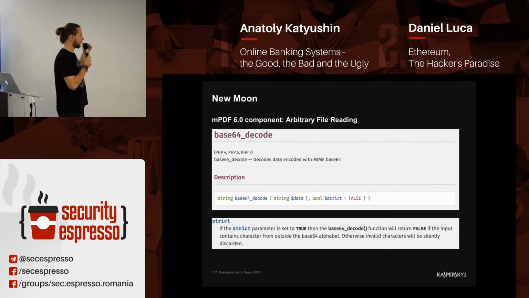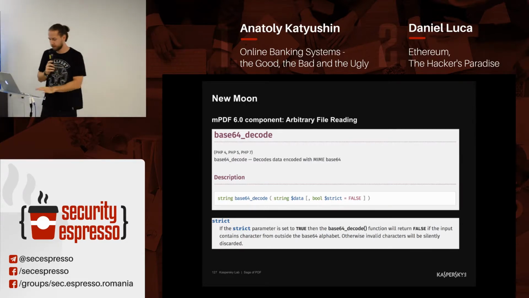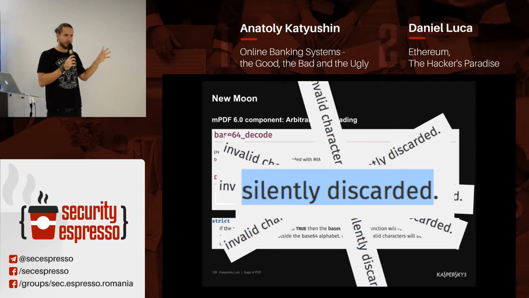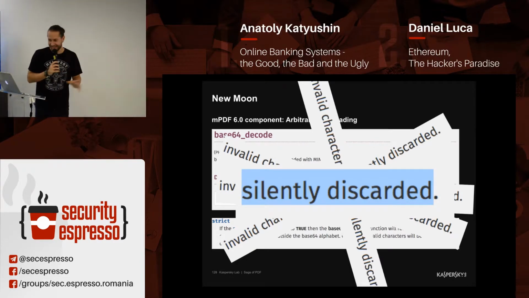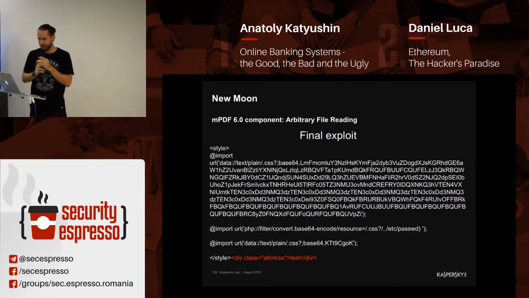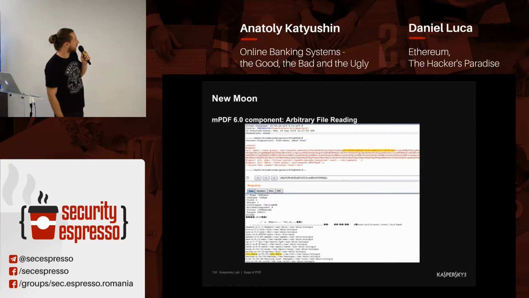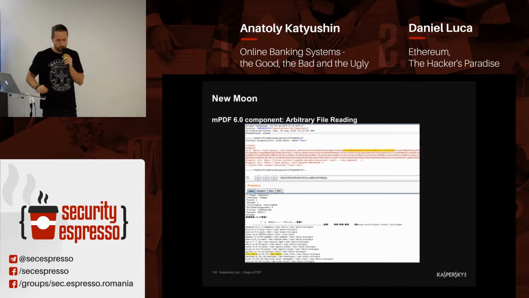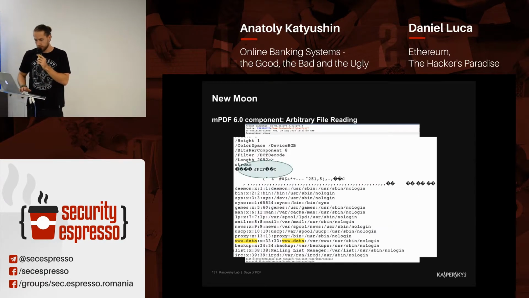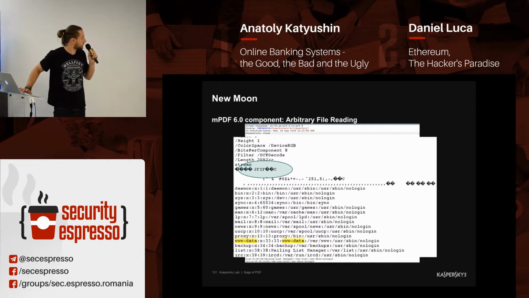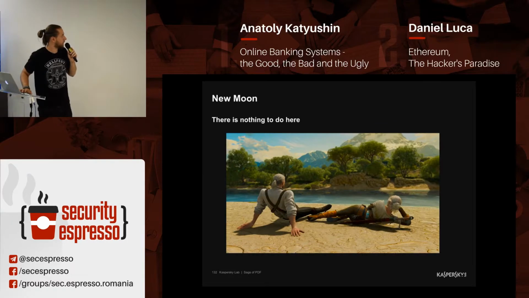And if it's false, these characters will be silently discarded. So they are silently discarded. So it converts well. This is the complete HTML exploit. And this is the exploit and the output. So you can see there that there is a JPEG header, some stuff, and there is the contents of the file.